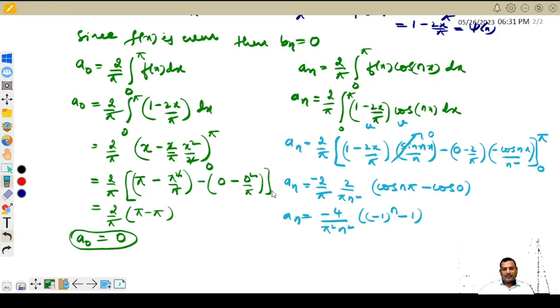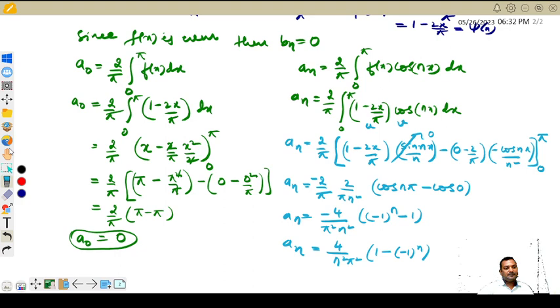Or you can take the minus sign common. So an is equal to 4 by n square pi square into 1 minus of minus 1 whole raised to n, you can write in the reverse order. Fine, this is the value of an.